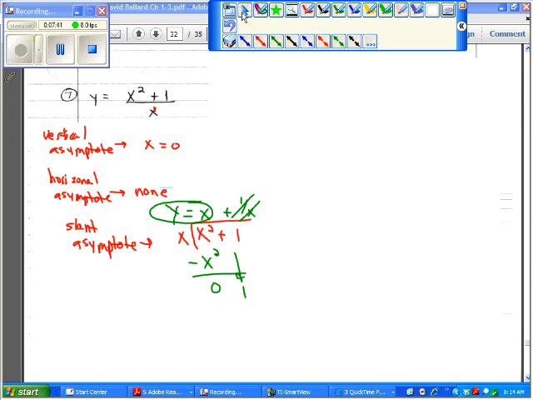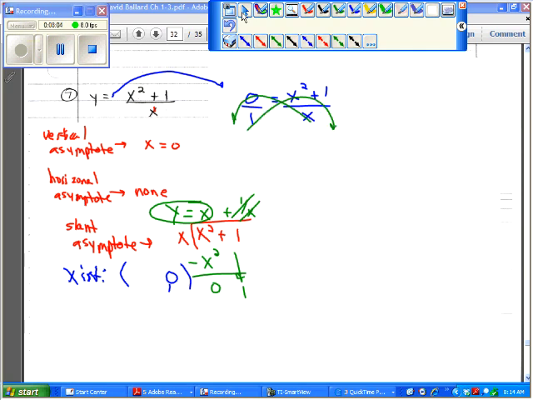We want to find the x-intercept. To find the x-intercept, we do what? We let y be 0. So we would put a 0 for y. We would have 0 is equal to x squared plus 1 over x. I'm just going to put that over 1 and create a proportion and cross multiply. So I'm going to have 0 is equal to x squared plus 1. You understand that little piece of mathematics?